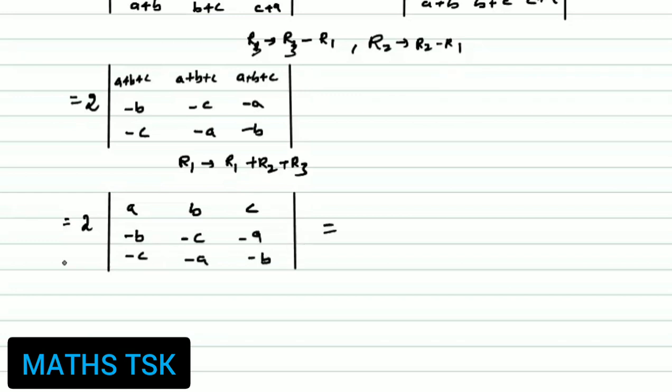If you take the minus common from row 2 and row 3, you will get the positive 2 into determinant of a, b, c, b, c, a, c, a, b.